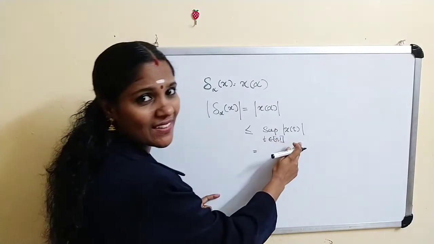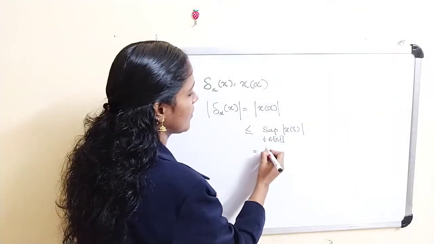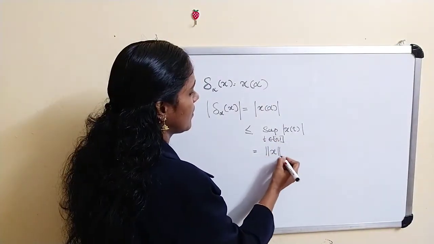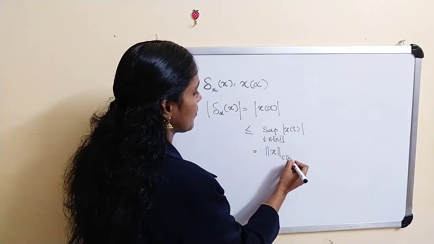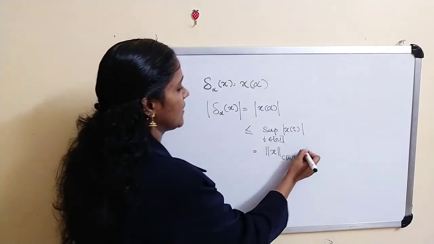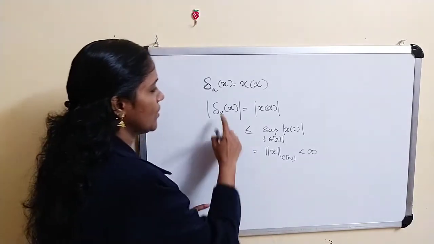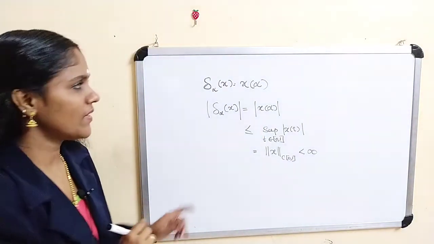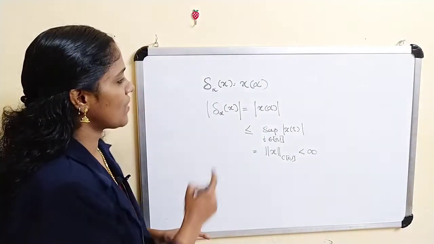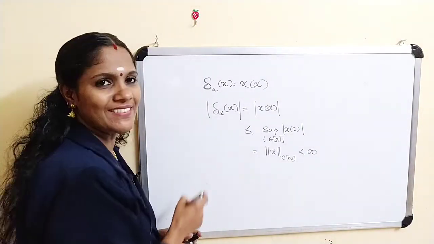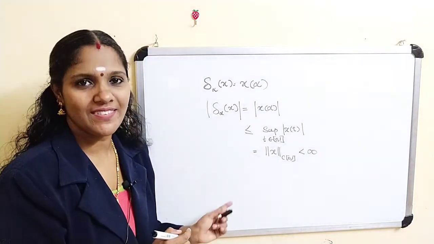And this is actually the supremum norm under C[0,1]. Clearly this is less than infinity. Therefore this definition is a valid one, and this is defined as x of alpha, and you can easily verify this is a linear functional on C[0,1].